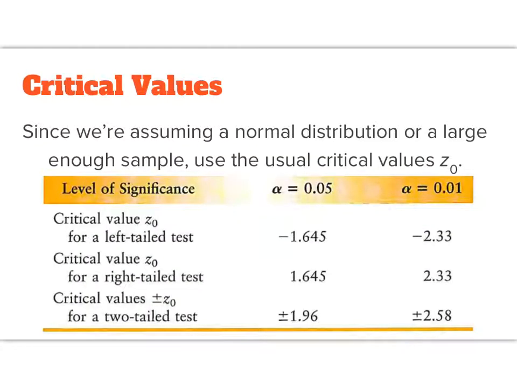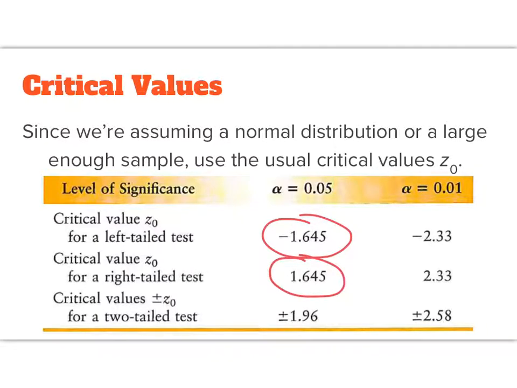The critical values that we are interested in here, since we are assuming a normal distribution or a large enough sample, we get to use z sub 0. So here are those critical values one more time. At a 5% level of significance for the left-tailed test, z sub 0 is negative 1.645. For a right-tailed test, it's positive 1.645.